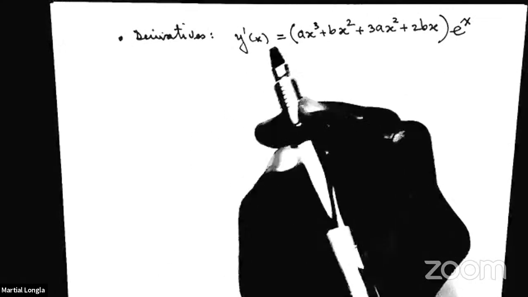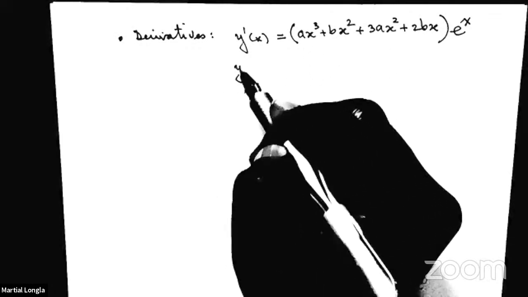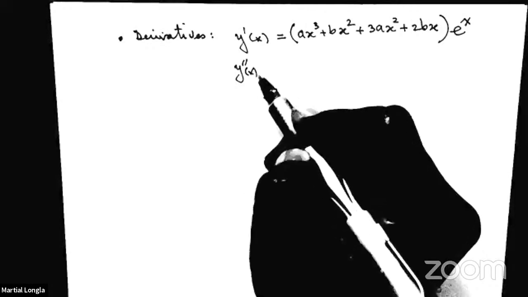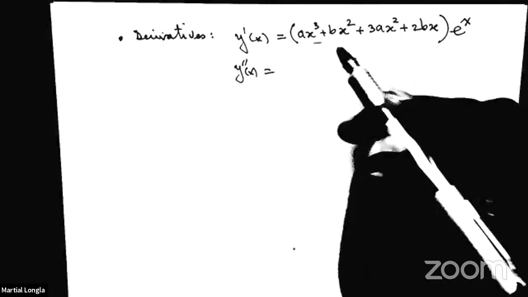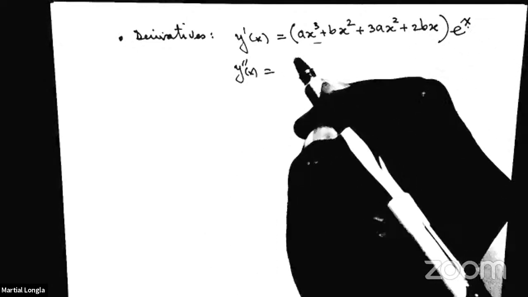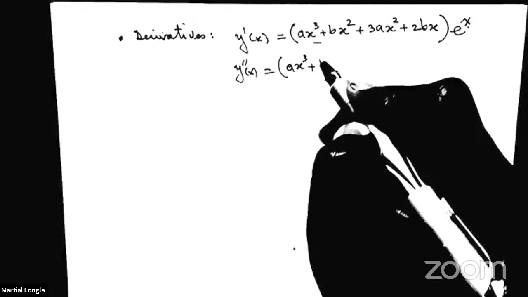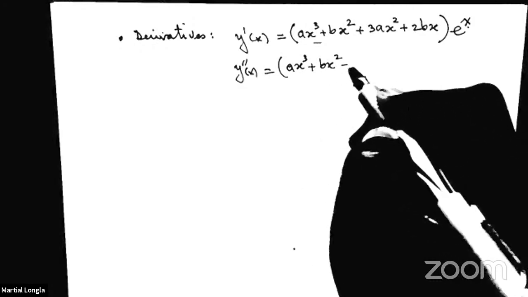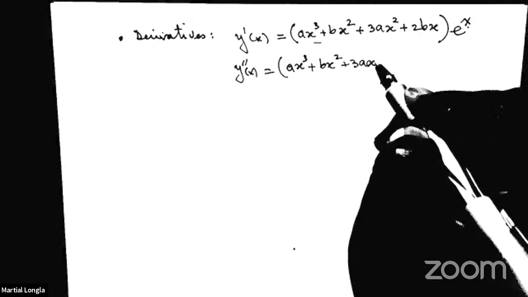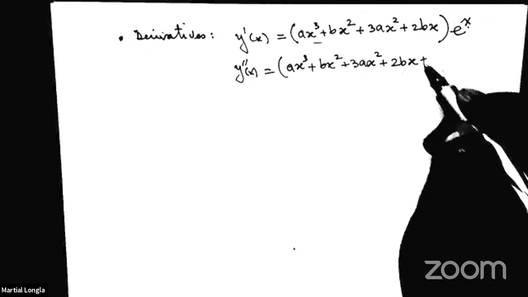And so we have this, and then the second derivative is going to be, again, the derivative of what is inside plus what is inside, because the derivative of e to the x is e to the x. So that's ax cubed plus bx squared plus 3ax squared plus 2bx, plus the derivative.